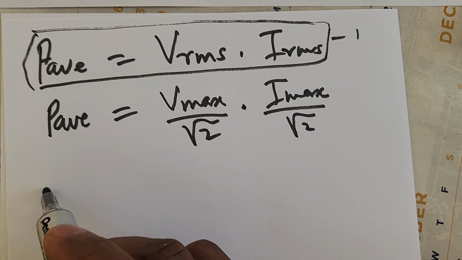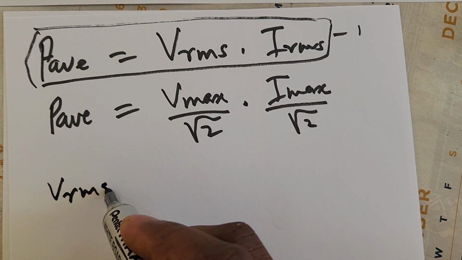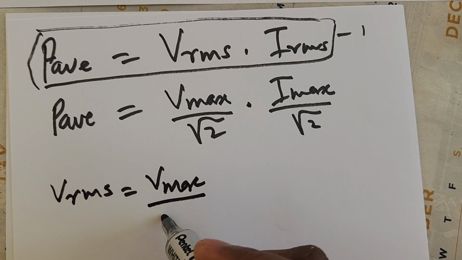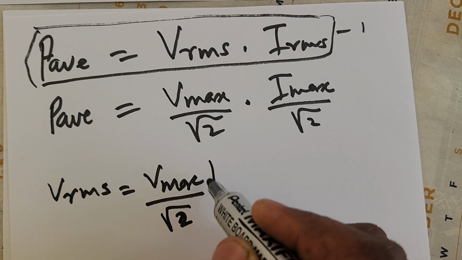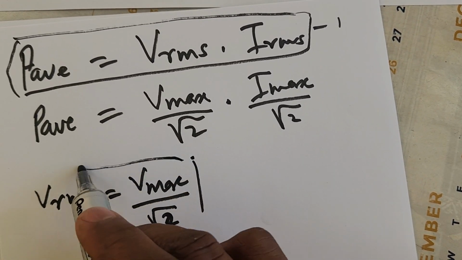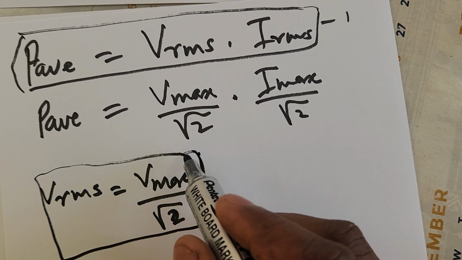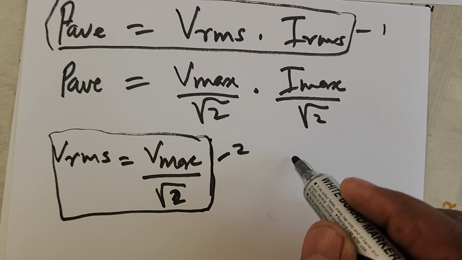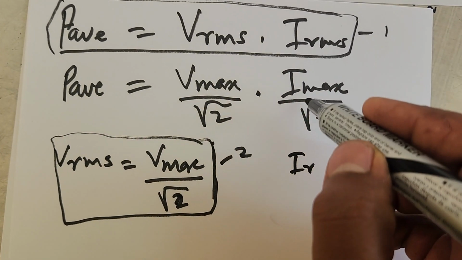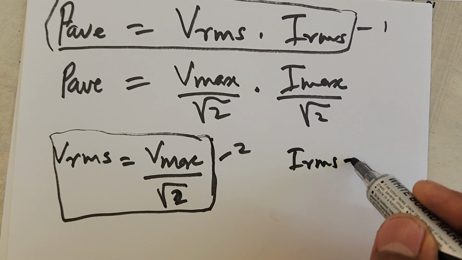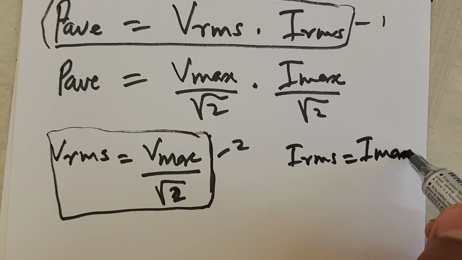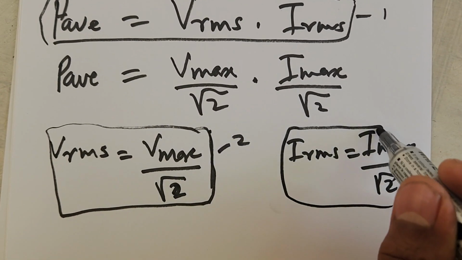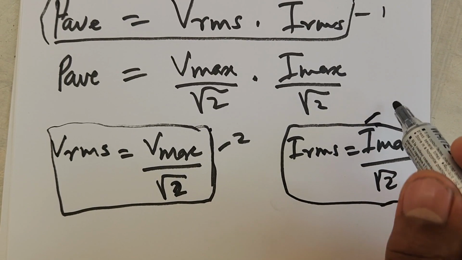V RMS will be the same as V max over root 2, that is formula number 2. Number 3 will be now I RMS equals I max over root 2. There's another formula. We can say this is number 3.